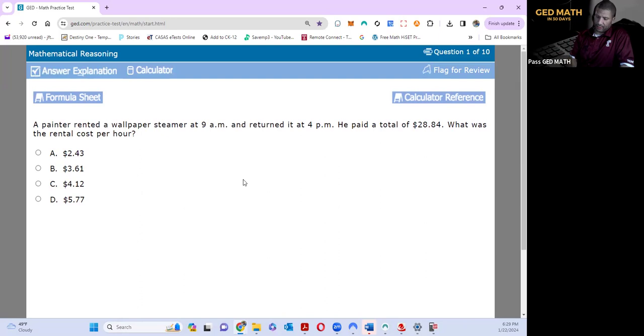I'm timing. You can send me the answer in the chat. You can put the letter A, B, C, or D, or you can put the actual answer. It doesn't matter how you send it.